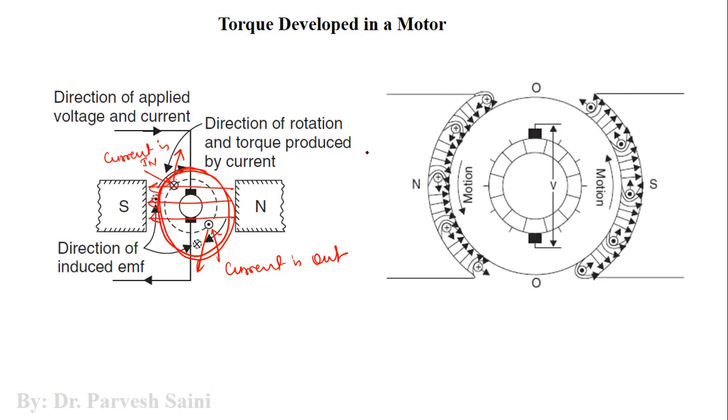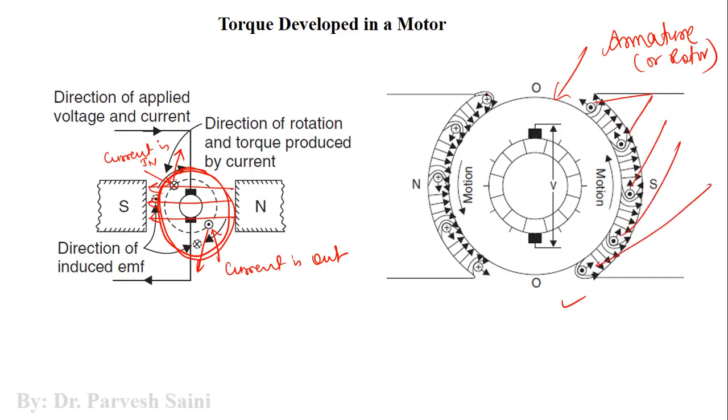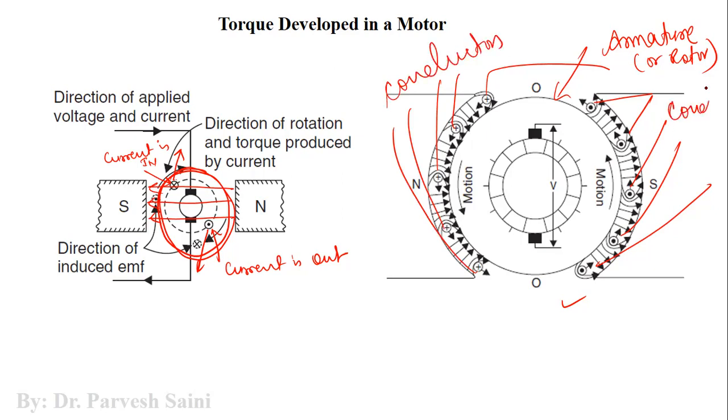Now let us see it in a more elaborate way. As you can see in this particular diagram, this is the armature or rotor. These are the conductors.